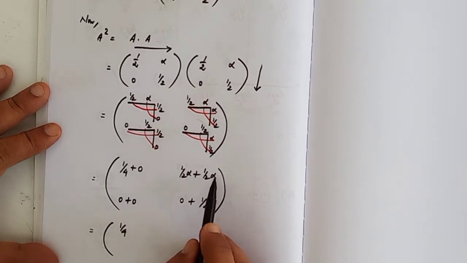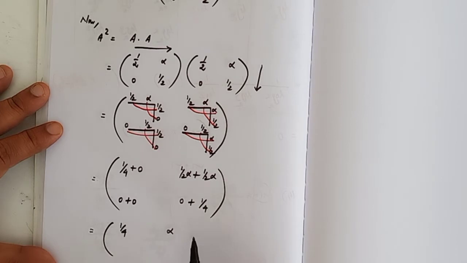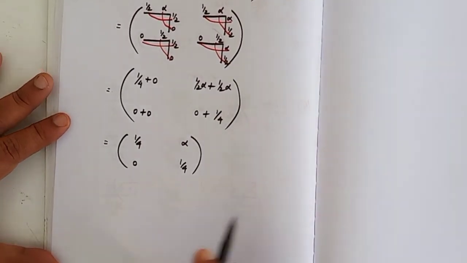Half alpha plus half alpha is 1 alpha, correct? Half plus half is 1. So 1 alpha. 0 plus 0 is 0. 0 plus 1/4 is 1/4. So A squared is over.